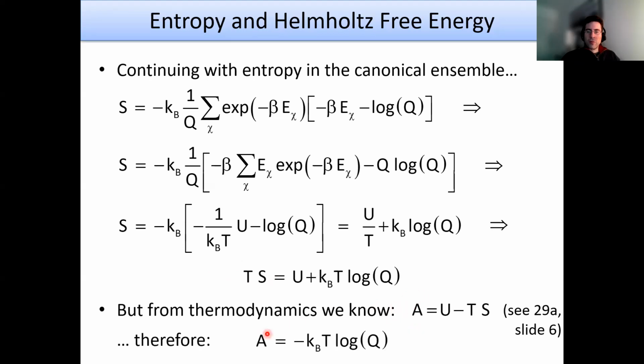So what we have shown is that in the canonical ensemble, there is a simple relation between the Helmholtz free energy and the partition function, the canonical partition function. And this is a very simple relation.